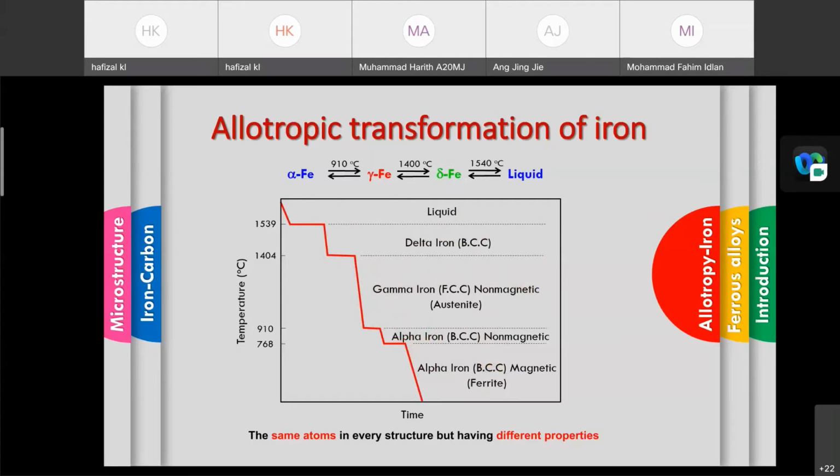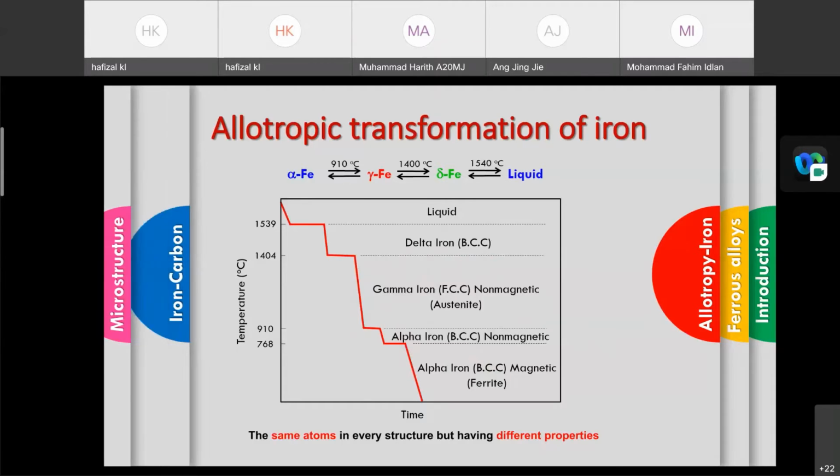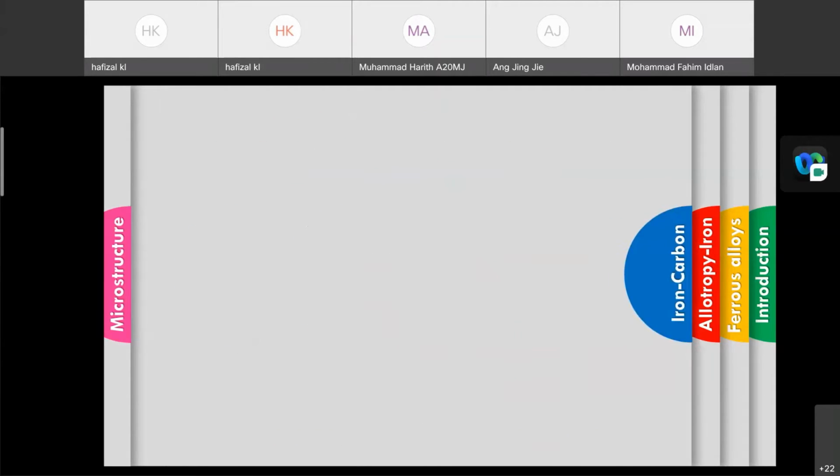Okay, so there is a transformation of the iron during the process of solidification. And also during the cooling process, there is a different allotrope, and it will also produce different properties.